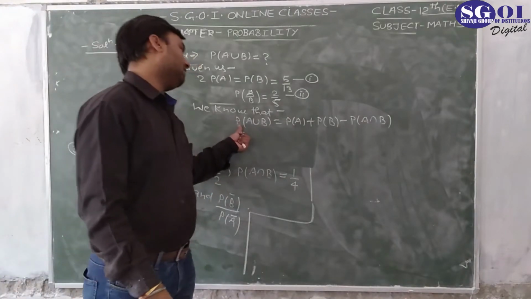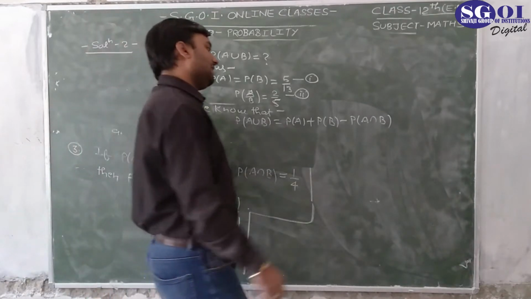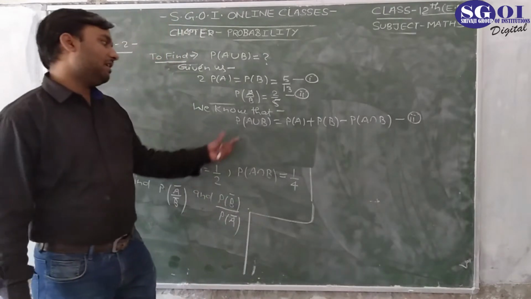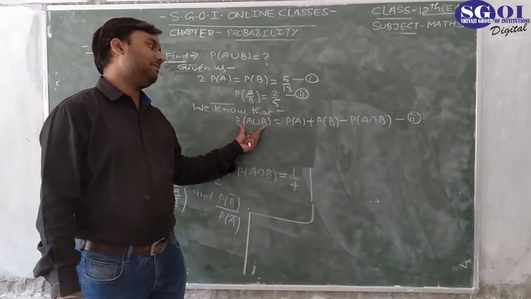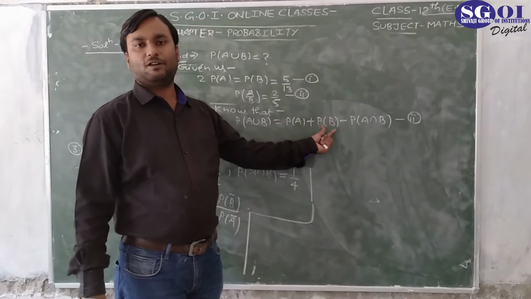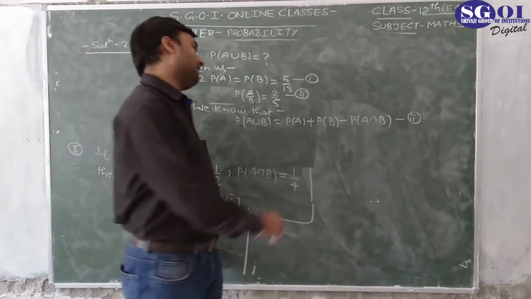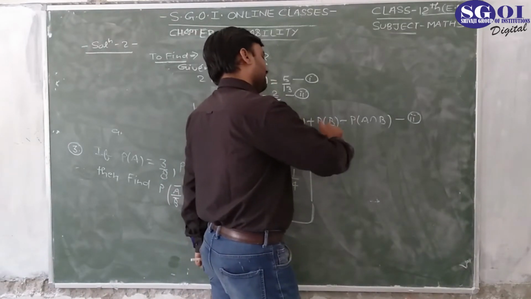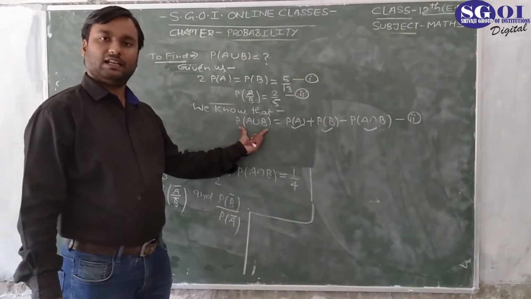We know that probability of A union B is equal to probability of A plus probability of B minus probability of A intersection B. So to solve this problem, I have to find probability of A, probability of B, and probability of A intersection B. If I find the values of these, then the value of probability A union B will come.